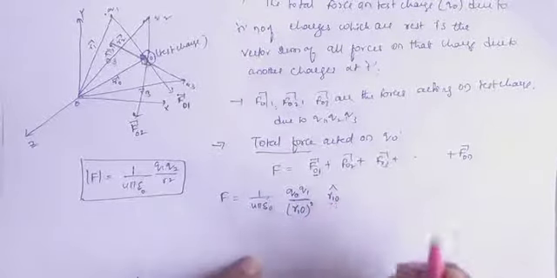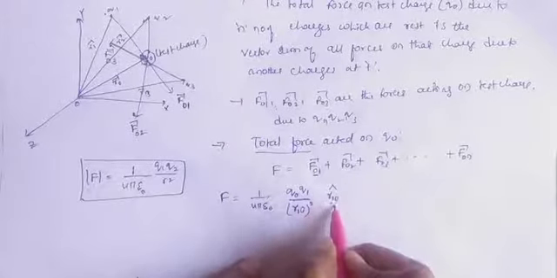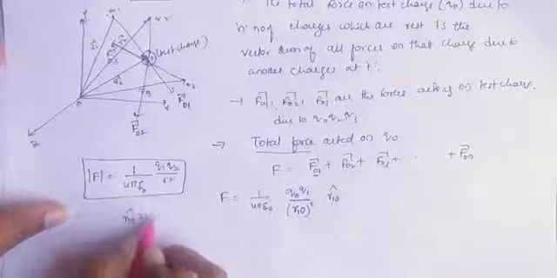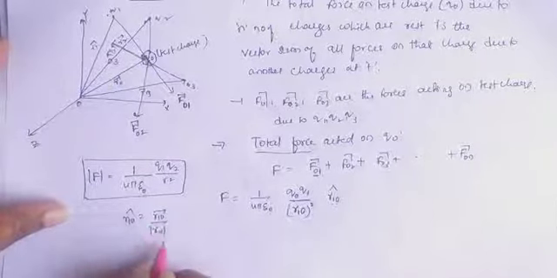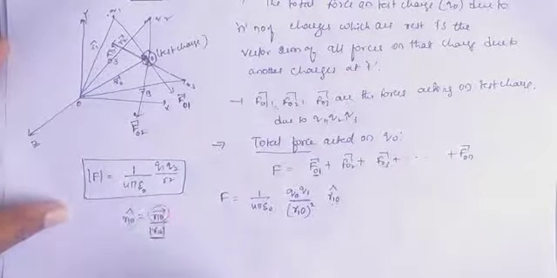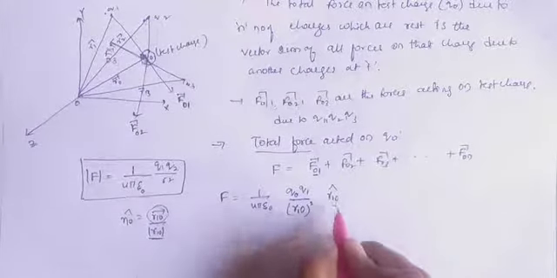In the previous class also we took the unit vector, which gives the direction. Here r10 cap means the r10 vector divided by the r10 magnitude. So the magnitude gives the magnitude and the unit vector gives the direction, so we write the unit vector to get the direction of that force.